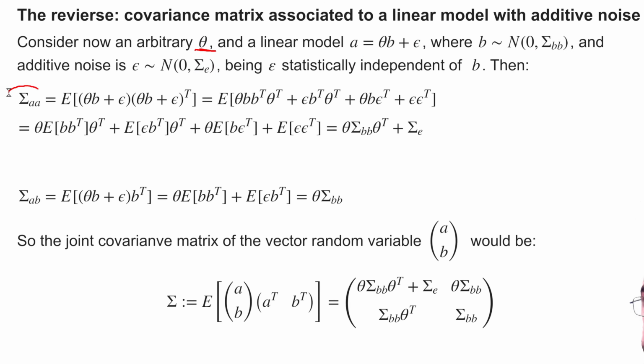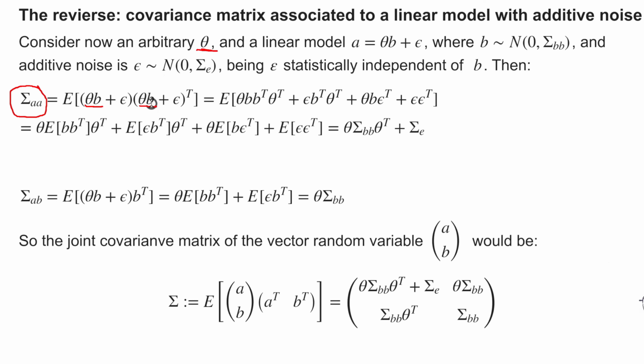Well, let's see. The variance of A is the expected value of A A transposed. Remember that we are assuming everything zero mean. And if I carry out operations, then this product gives me 4 terms over here, say theta B times the transpose of this thing, so B transpose theta transposed is this, and you can stop and verify operations, so we get these 4 terms in the summation.